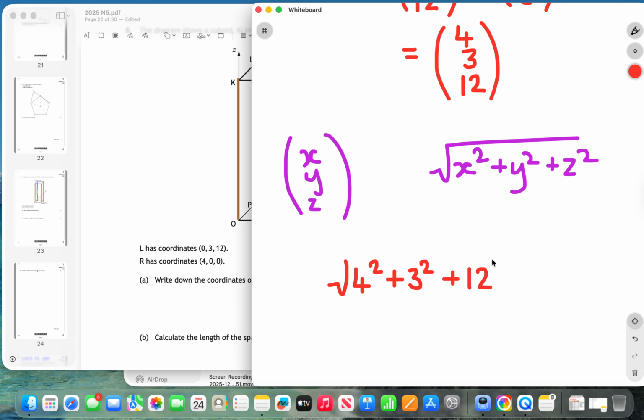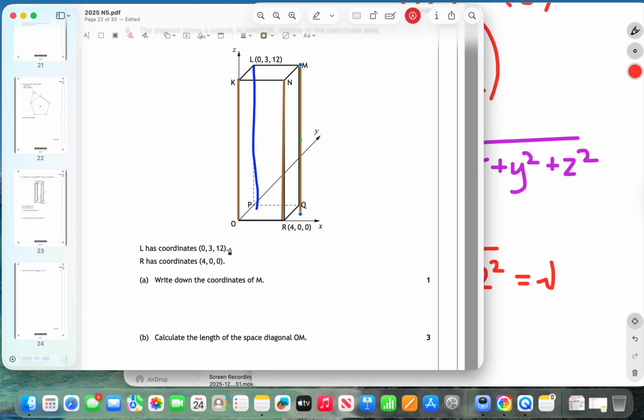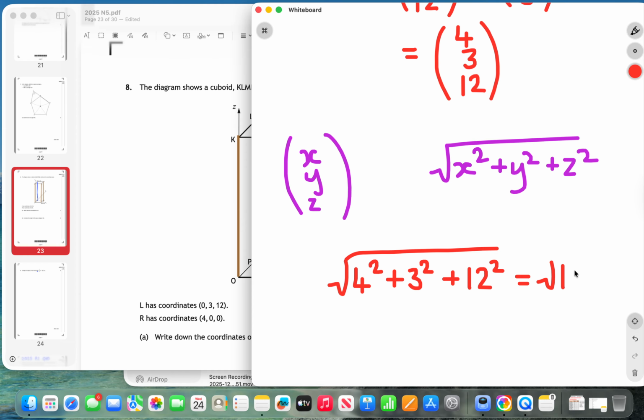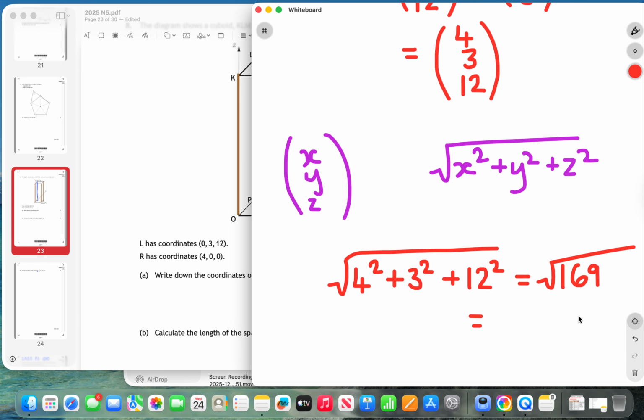And doing this on the calculator would give you the square root of 169. So that would be 13. And we're not given any units in the question, so we will just write down units, and that's 13 units.